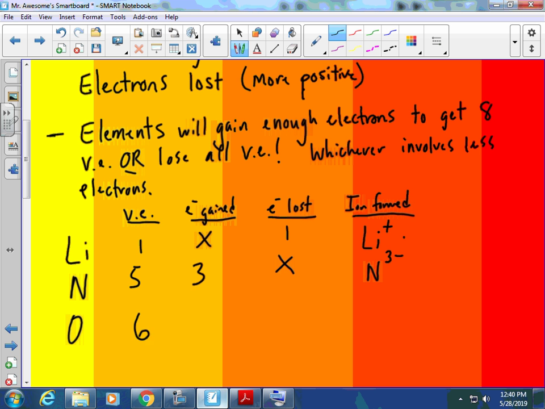So Abby, it's either going to gain enough to get 8 or it's going to lose all 6. What is it going to do? Is it going to gain enough to get 8 or is it going to lose all 6? Yep. Gain how many? 2. Very good. So electrons gained 2. We know it's going to gain electrons, not lose them.